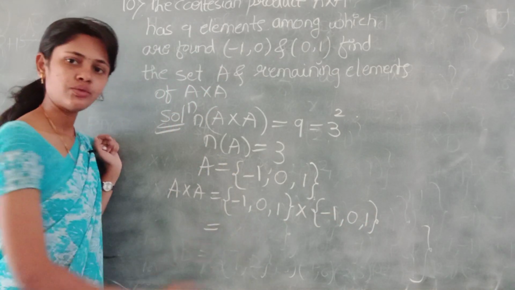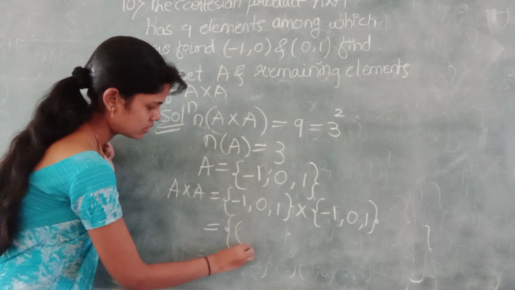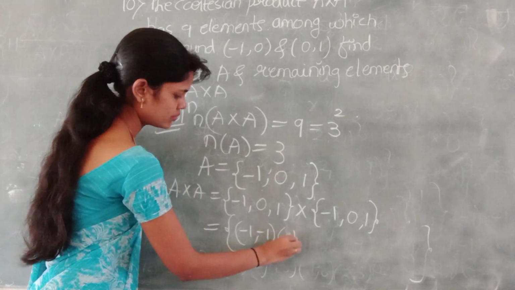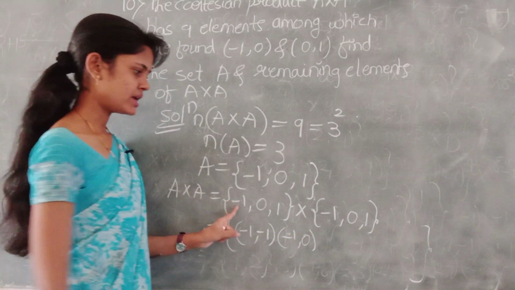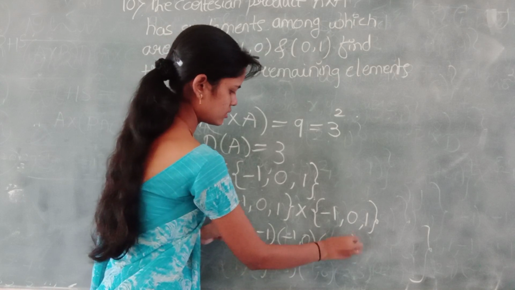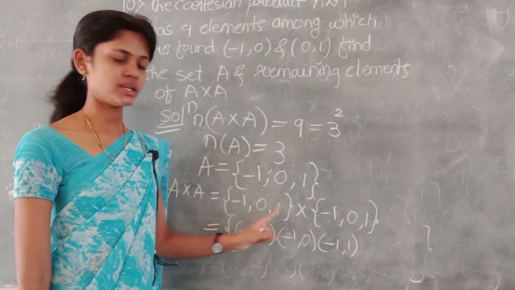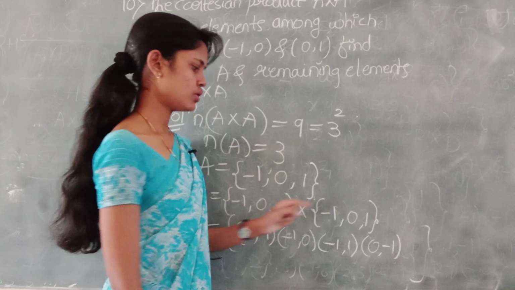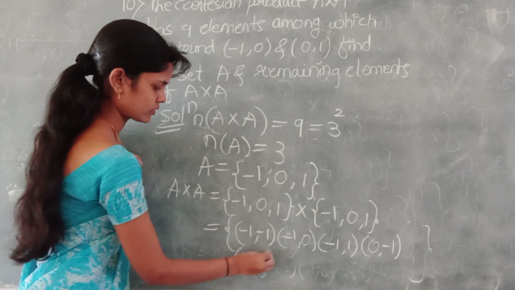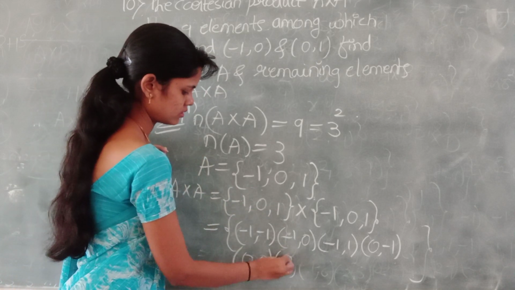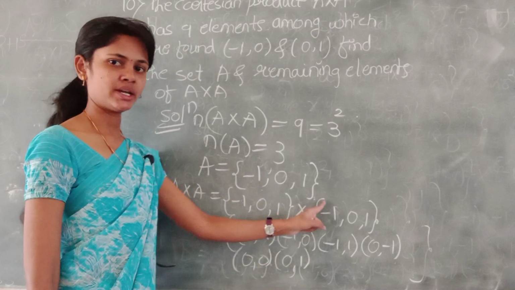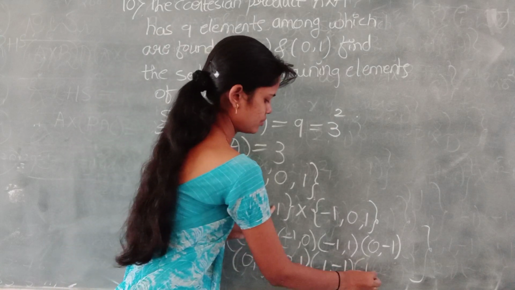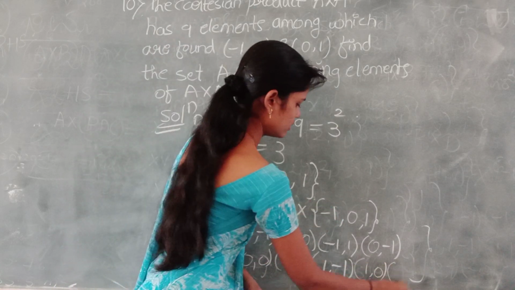So we have to write the ordered pairs here: (-1,-1), (-1,0) and (-1,1). Next, (0,-1), (0,0). Next, (0,1). Next, (1,-1). Next, (1,0) and (1,1).